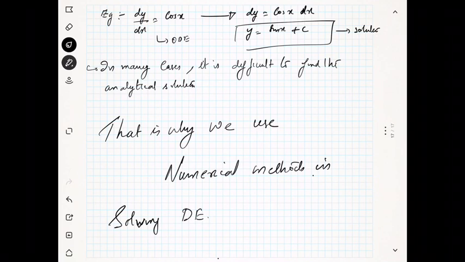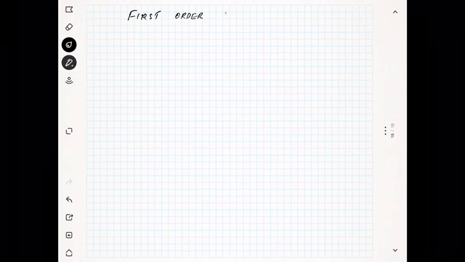So you know that the ordinary differential equation contains only ordinary derivatives. We will be studying the solution of first order differential equations in this course. So we will take the first order ordinary differential equation.